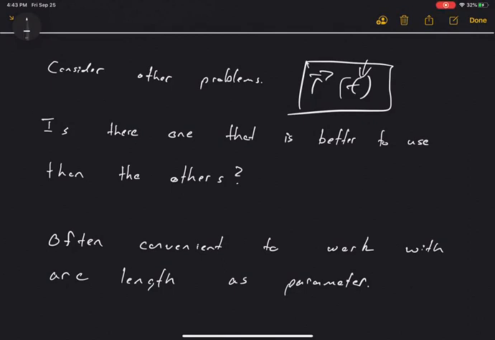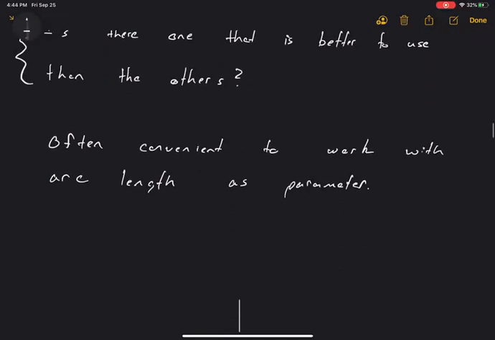All these parameterizations are kind of equivalent in one sense, but it'd be nice if everybody was on the same page, right? Maybe one person's using one parameterization, another person's using another. Is there kind of a default? And it turns out that a really convenient parameterization to use is arc length. Okay, so what does that mean?